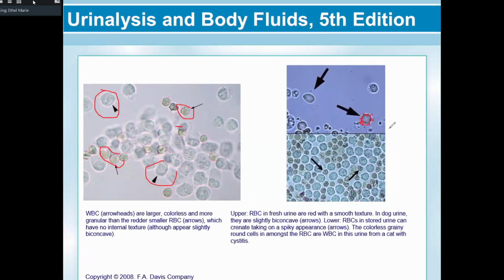Dito hindi. Parang gitgit-gitgit or jagged yung mga borders niya. So those are your crenated RBCs. Again, yung mga malalaki dyan, those are your white blood cells. So ito po yung isa sa example ng possible microscopic picture ng urine natin that we can see under your microscope.